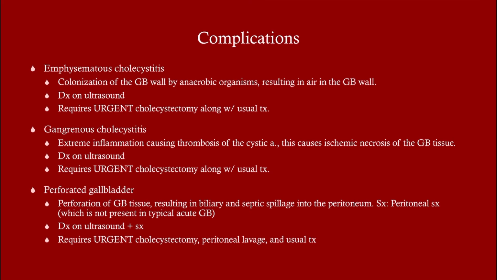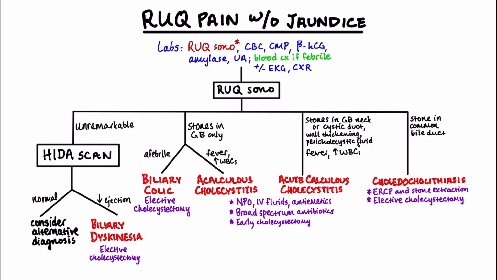Emphysematous cholecystitis, where you have an infection in the gallbladder. That infection then gets into the wall, causing air pockets to form. Obviously, these are caused by anaerobic organisms. Gangrenous cholecystitis is when the cystic artery is affected, leading to ischemic necrosis of the gallbladder. And then perforation of the gallbladder can be a further complication.